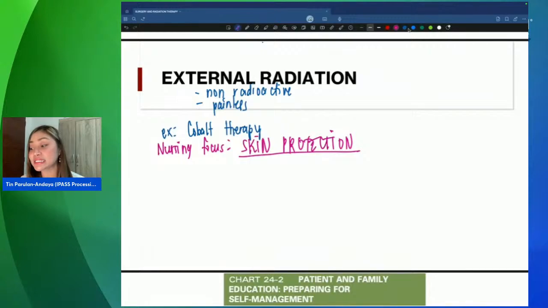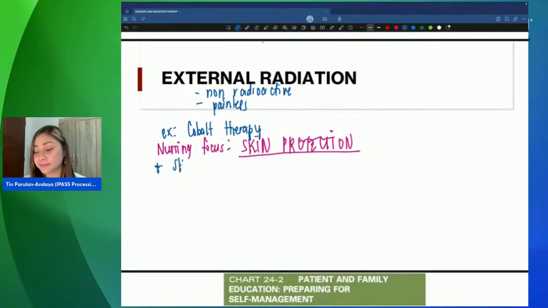So aside from the safety of the patient, if I encounter skincare tips, we will focus on maintaining skin integrity, no break on the skin, walang sugat. Take note of that one. That would be the best answer.